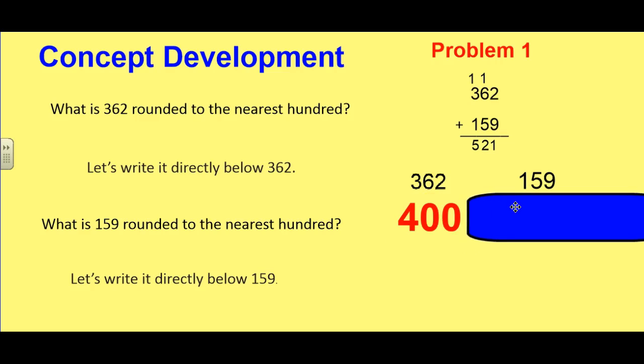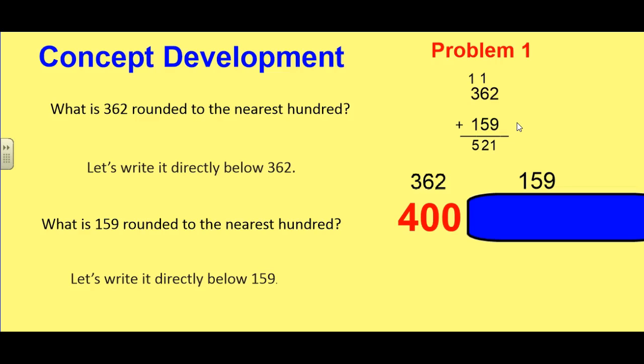Okay, so hopefully you wrote 400. 362 is closer to 400 than 300. Now we're going to look at 159, and we're going to round 159 to the nearest 100. You've got to ask yourself, what two hundreds is 159 going to be between? When we're looking in the hundreds place at 159, you see 100, and one more 100 from that is 200.